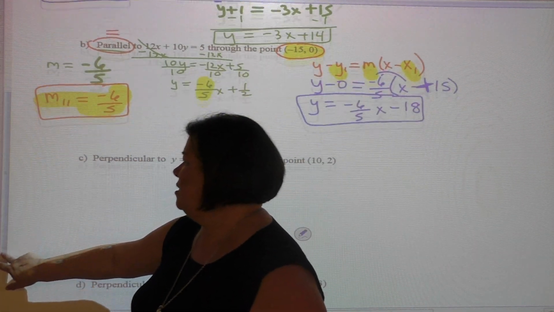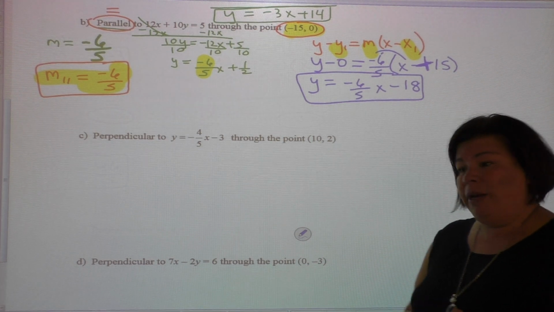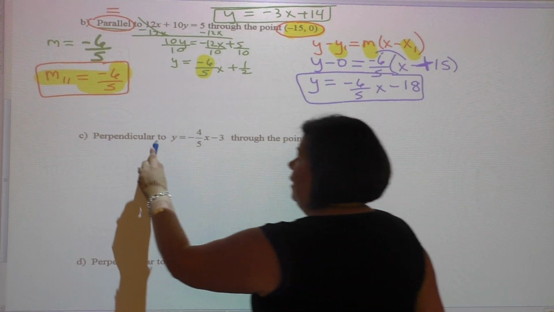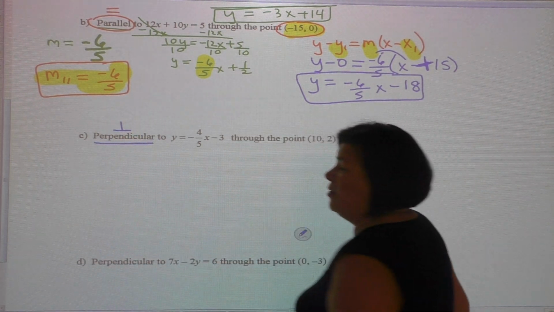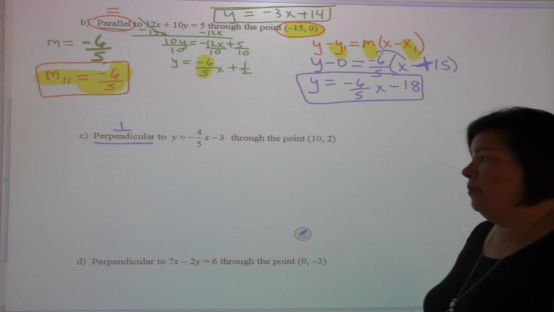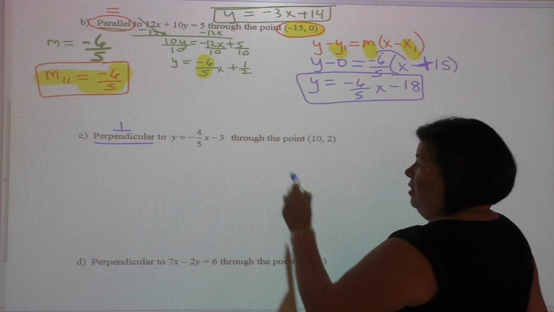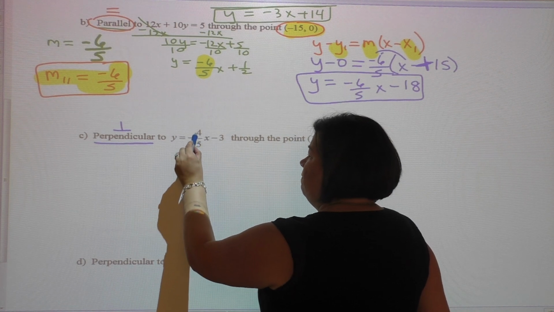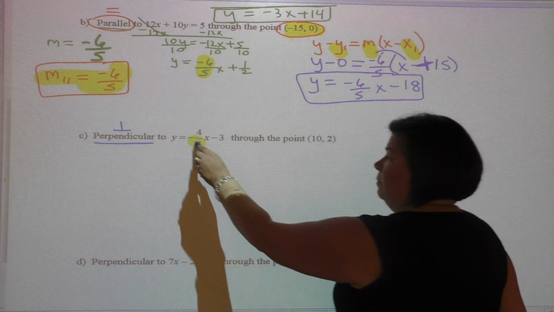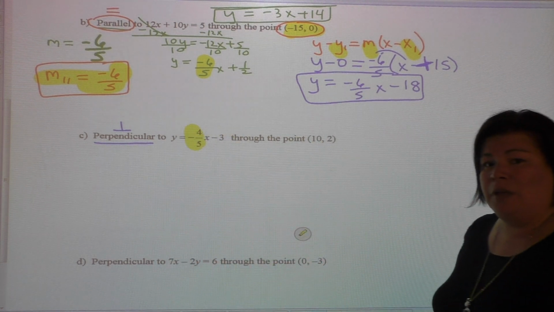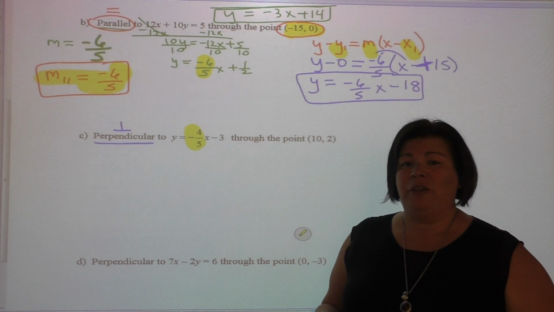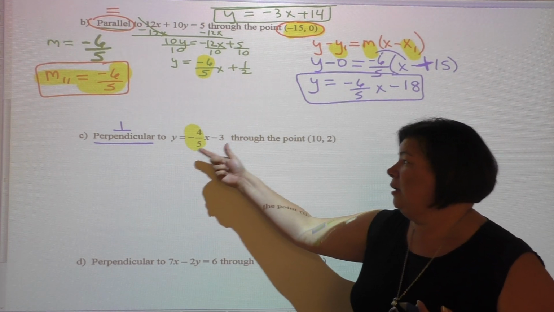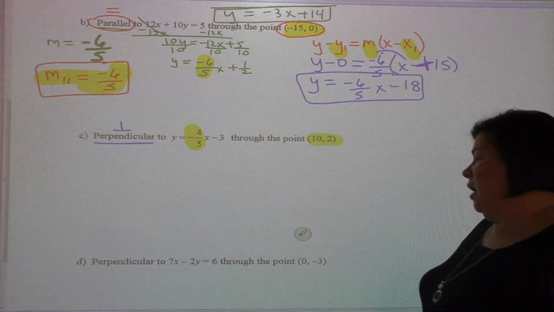All right, so this is the one where we want to concentrate on. Perpendicular, remember, there's our symbol, means opposite reciprocal slopes. So they give us the equation. Here's the slope, -4/5. We want to find an equation of a line perpendicular to this line going through this point 10, 2.